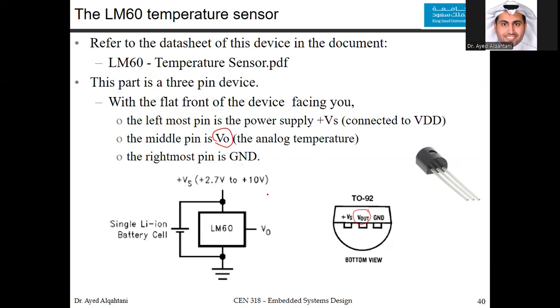You could connect it this way. That's the VSS. There is a single Li-ion battery cell. It's a battery, and you put the positive side in the VDD, or the plus VS, and the negative side in the ground. And the LM60 will measure the temperature, and it generates the voltage for you.